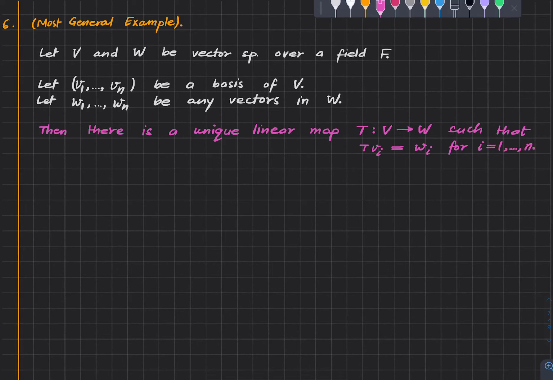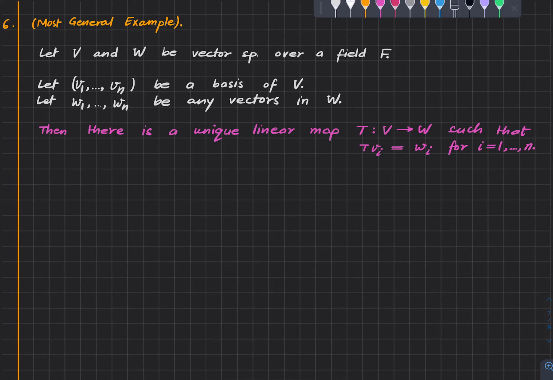So once you choose where to send the basis elements, you get at least one linear map which respects that choice, and exactly one.